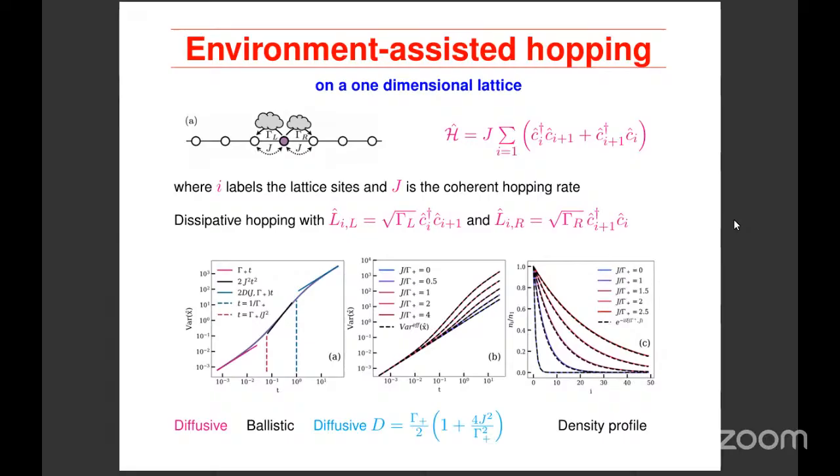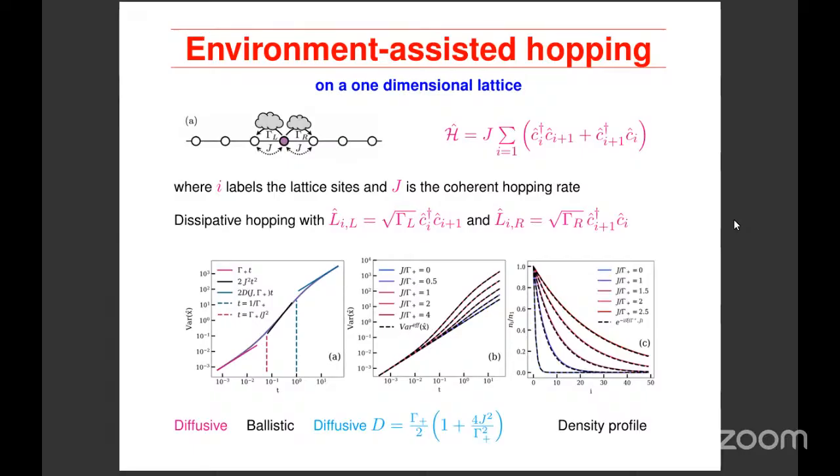You can go right or left, these jumps being controlled by parameter J. And i labels the site on the lattice, so one of the terms is moving to the right and the other one is moving to the left. And what we do is that we have a dissipative hopping with these Lindblad operators that we choose to be of that kind. And we plug this into the Lindblad equation.